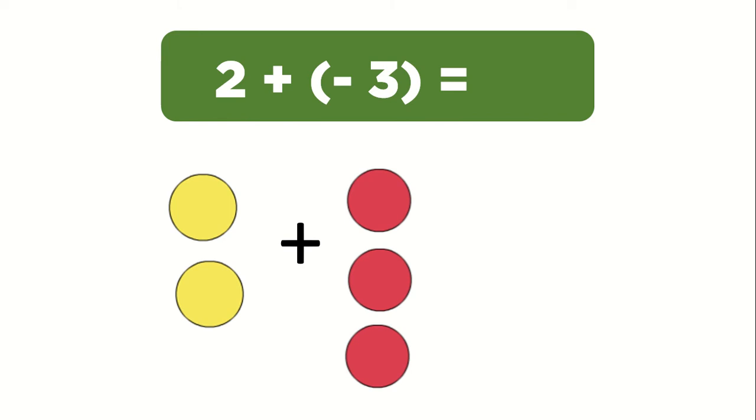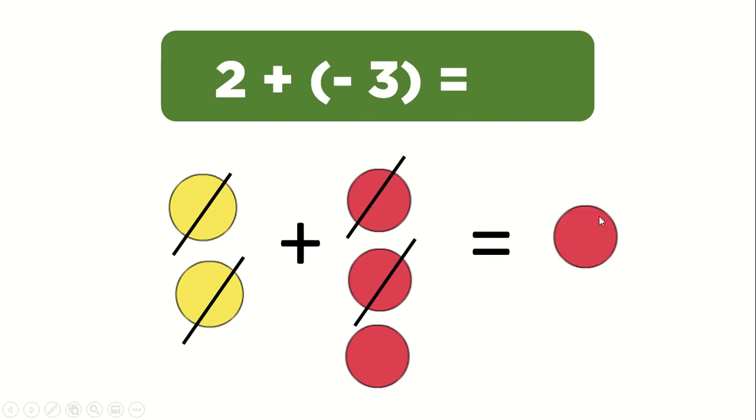If you notice, there are two zero pairs, because negative 2 is opposite to the representation of positive 2, two yellow counters. So that will be cancelled out. What is left is just one red counter, or negative 1.